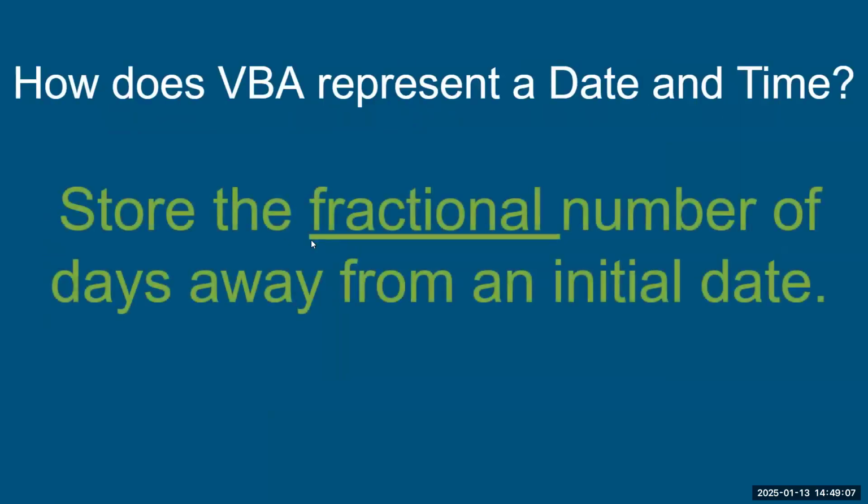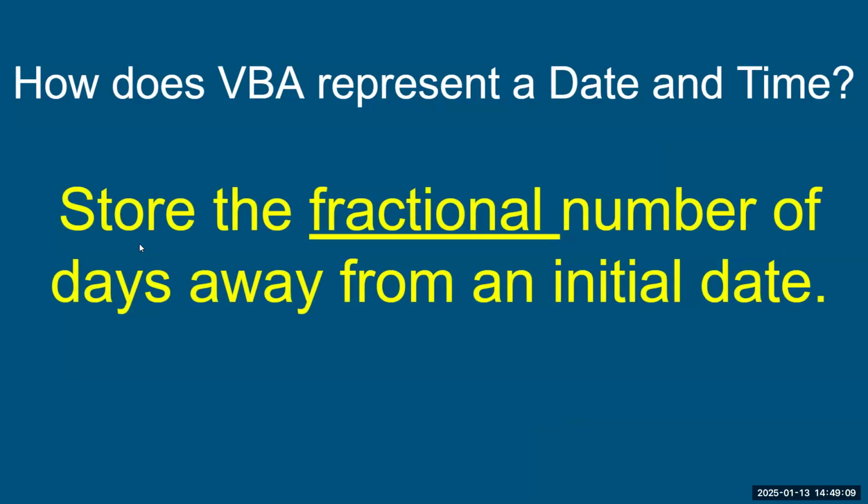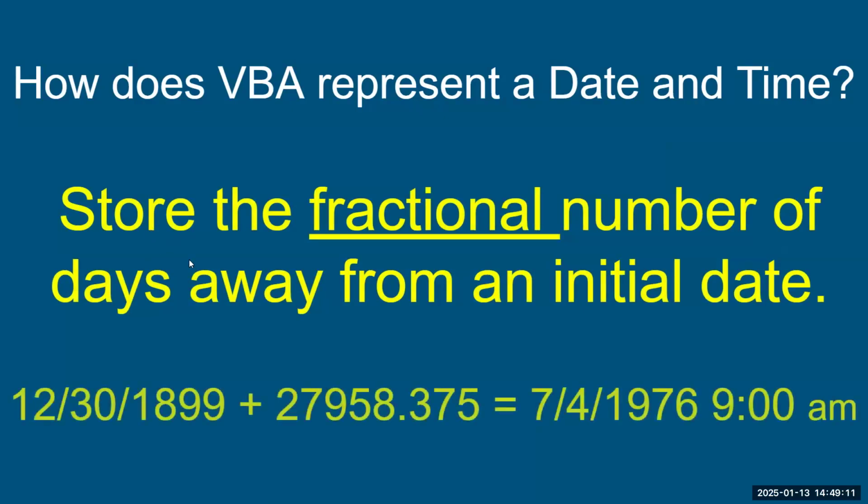Okay, date and time. So we have the date. What about the time? Time stores a fractional number of a day. So if we wanted to know what 9 a.m. was on July 4th, 1976, it stores that as 0.375 of a day. That's how that date and time is stored in VBA, as a fraction of a day.